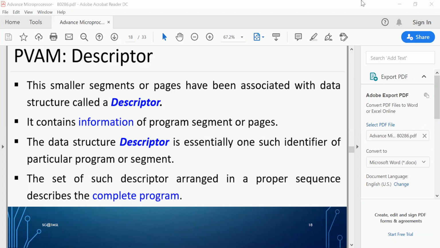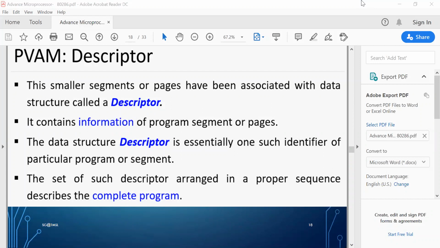This information helps in deciding whether the segment should be swapped out of the physical memory or not. A segment which has not been accessed in the recent past may probably be swapped out of the main memory. So here actually, the descriptor basically carries all the relevant information regarding a segment and its access rights.